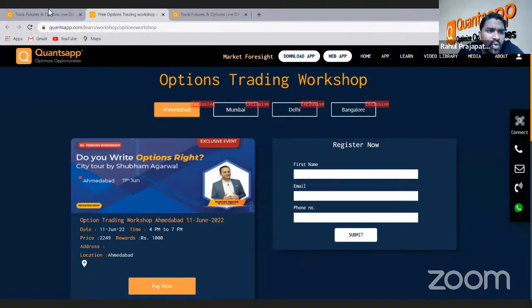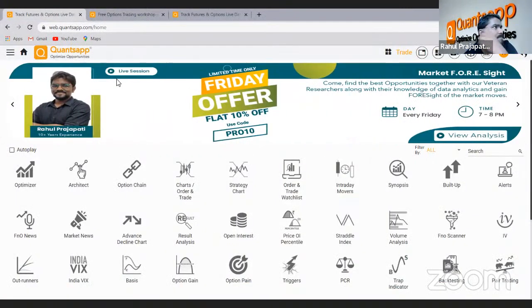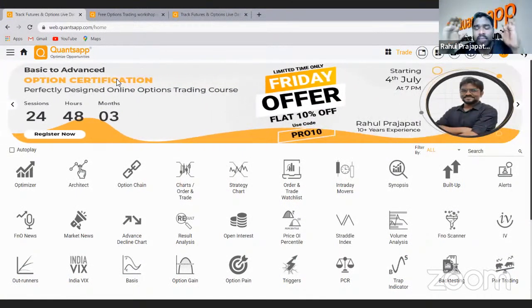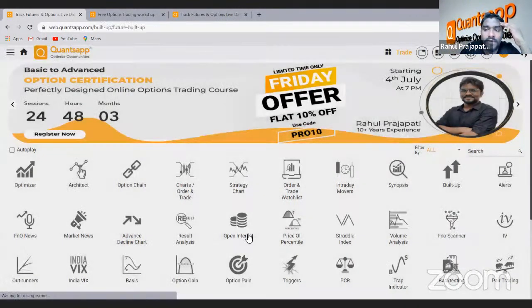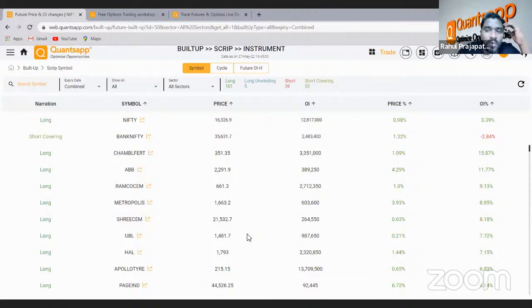How is OI helpful? OI basically tells you how to analyze the market. If you see this build-up tool here, it will give you the understanding of how OI and price have been playing today. If you see yesterday, this was the overall structure of the market. 101 stocks out of 200 F&O stocks went up because there's a long build-up happening.